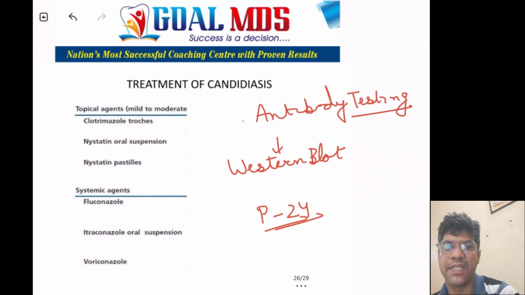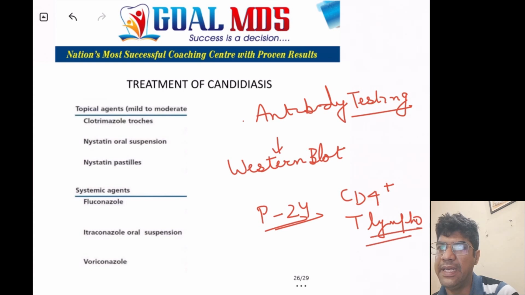AIDS is diagnosed when laboratory evidence of HIV infection is combined with specific criteria such as CD4 T lymphocytes below 200 per microliter. Regular testing and monitoring of CD4 T lymphocyte counts and viral load are important for managing the HIV infection and assessing the effectiveness of treatment.